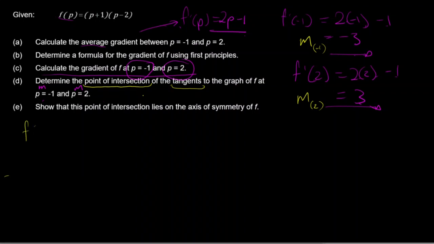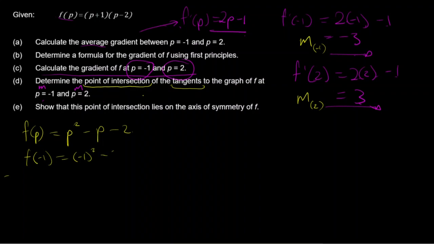So let's bring f of p back in its standard form, squared minus p minus 2. So f of -1 is -1 all squared minus -1 minus 2. That's +1, also +1, so 1 plus 1 minus 2 is equal to 0.